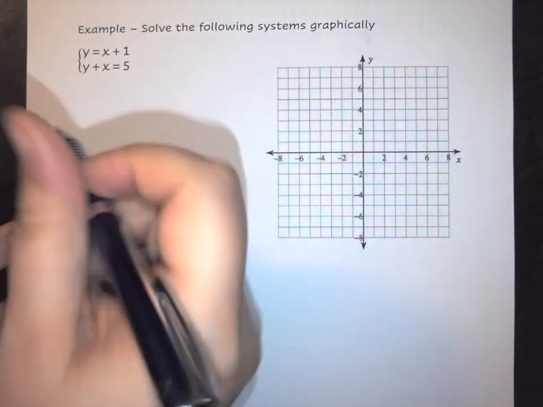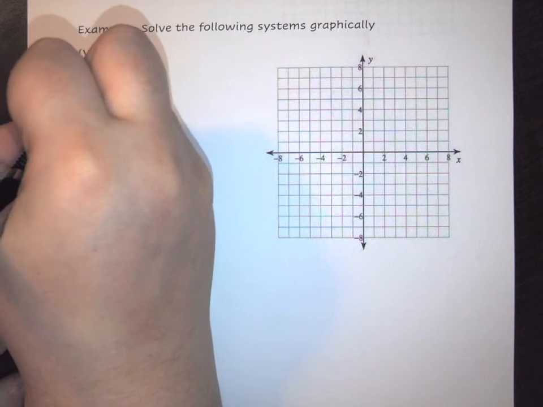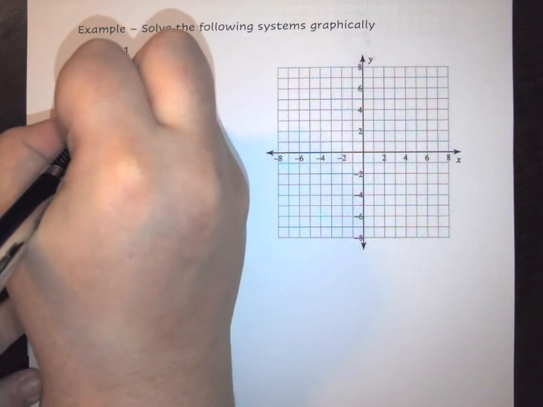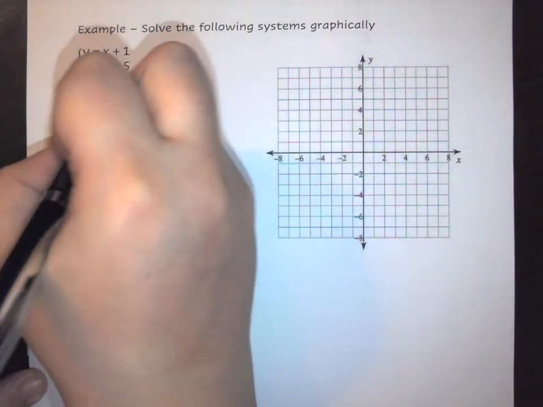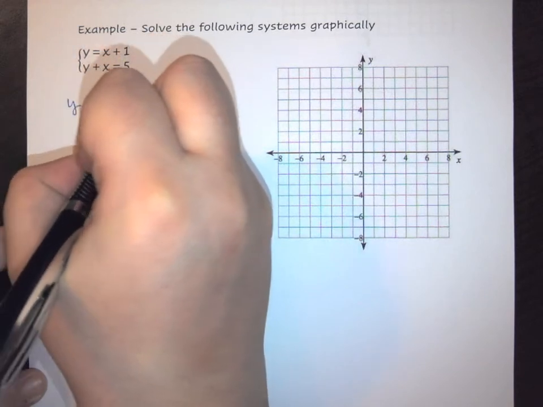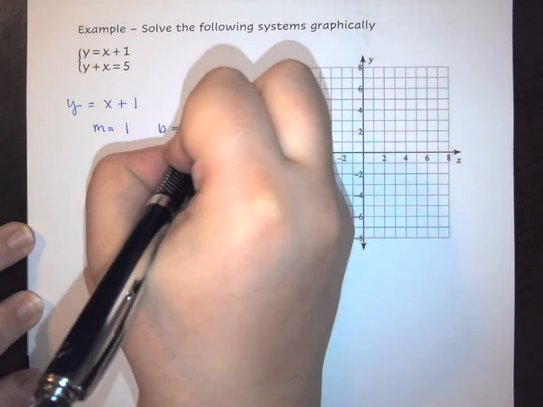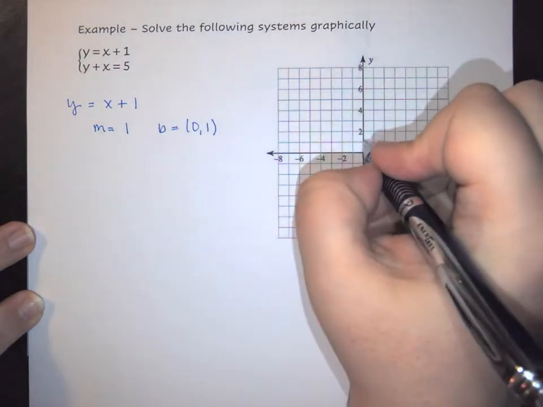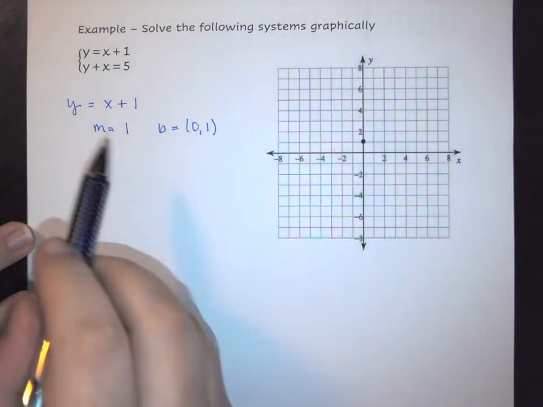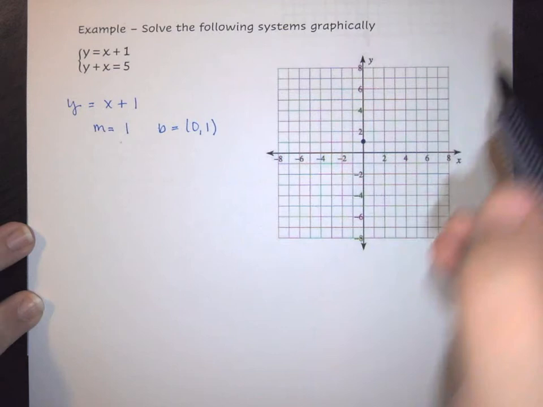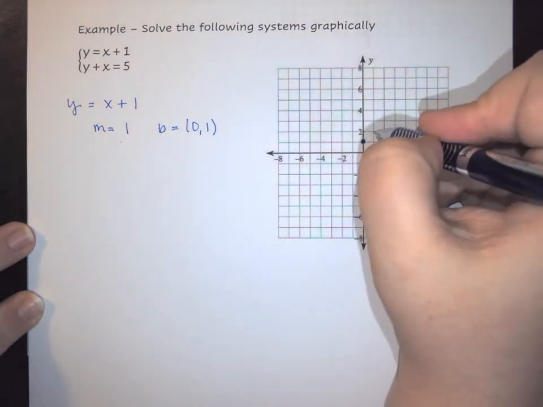So we're going to start with y equals x plus 1. If we look at that, my slope here is going to be 1, and my intercept is the point 0, 1. So I'm going to go ahead and graph my intercept value. Because this is a positive 1, I'm positive in both, so I'm going to go up 1 over 1.